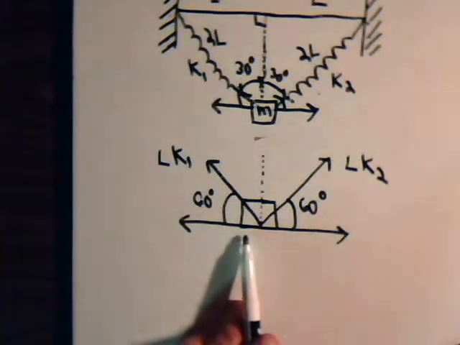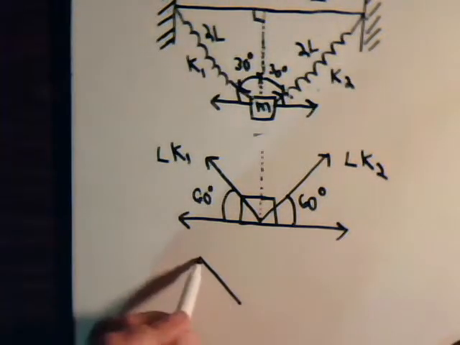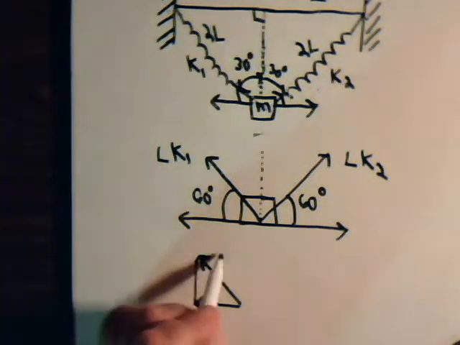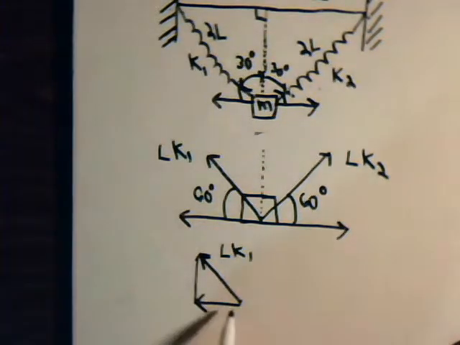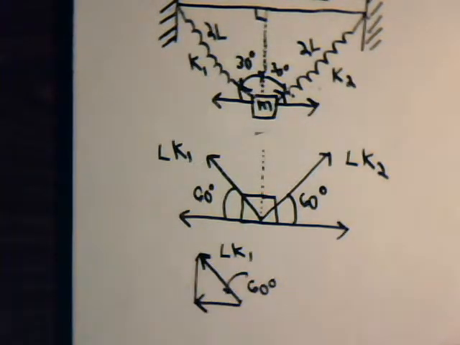So let's draw this a little bit neater. We have L k1 like this. Then we can just go straight down, and its horizontal component is this. So this is L k1. It's the hypotenuse of this triangle. That angle is 60 degrees right here, and we want to know that side of the triangle. So that's going to equal L k1.